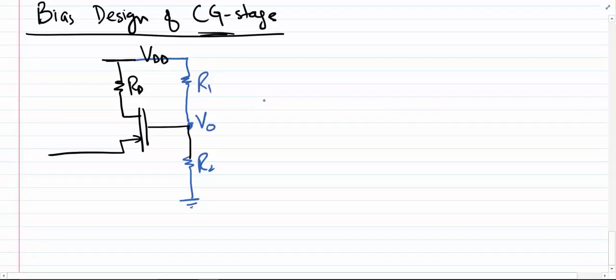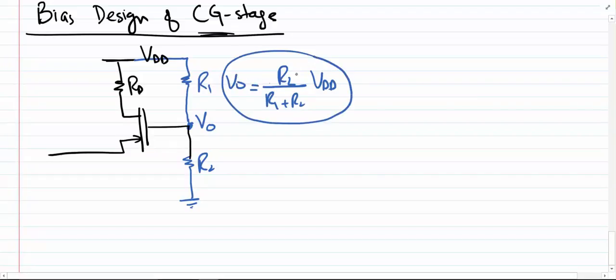We can do it easily by using the voltage divider formula. So by selecting the right values of R1 and R2, we can generate V0 here. This is the first step in the bias design of the common gate stage.